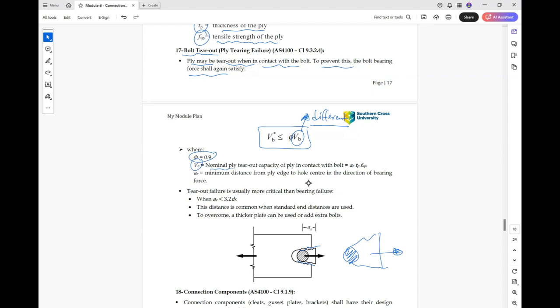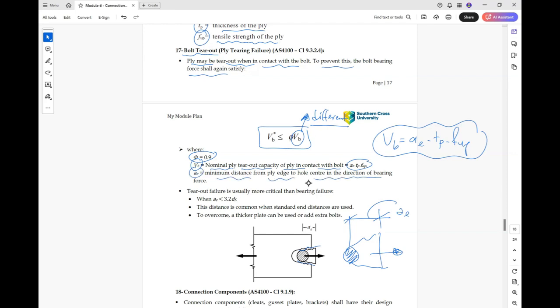Vb is the nominal ply tear out capacity for a ply in contact with the bolt, equal to ae times tp times fup. So Vb in this case equals ae times tp times fup, where ae is the distance from the center of the bolt to the edge of the ply, the minimum distance from the ply edge to the hole center in the direction of bearing force.